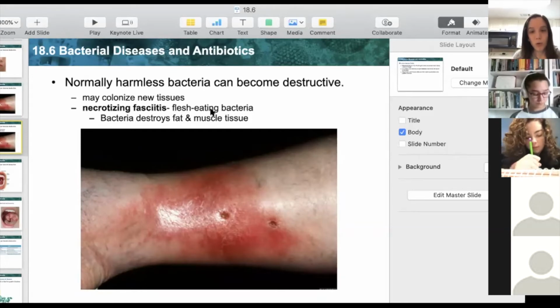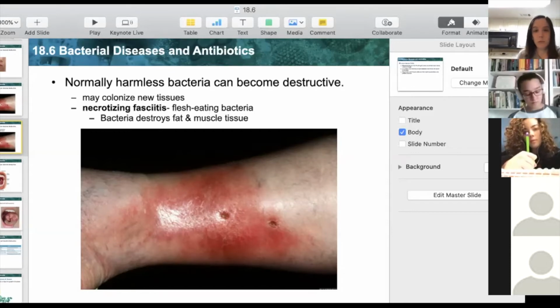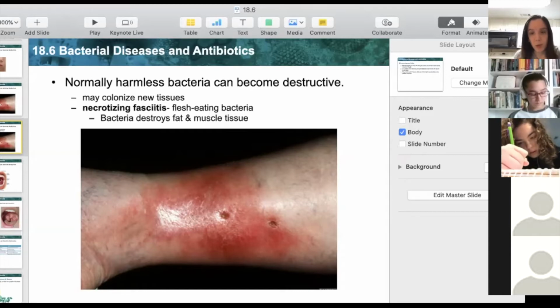But if you have an open wound and they jump to that area, they can get into the fat, the muscles, then they can destroy those tissues, as you can see in this picture. So that's why it's always important to clean wounds, even if it looks like it's a clean area. You might have bacteria on your skin already that could be causing infection.